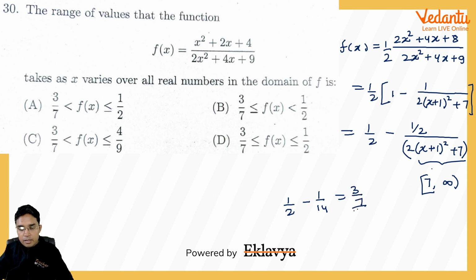And this will come with equal to sign. When it will be infinity, this will become 0. So that will be 1 by 2, and it will be with open bracket. So the value of this function should be from 1 by 2 to 3 by 7. At 3 by 7, there will be equal to. At 1 by 2, there will not be equal to sign. So answer is B. Other options are definitely wrong.